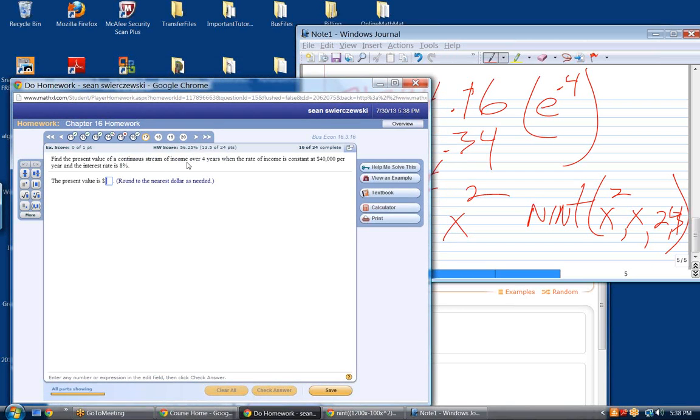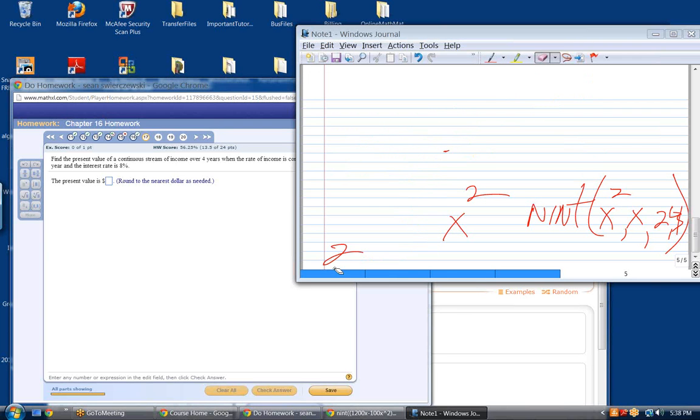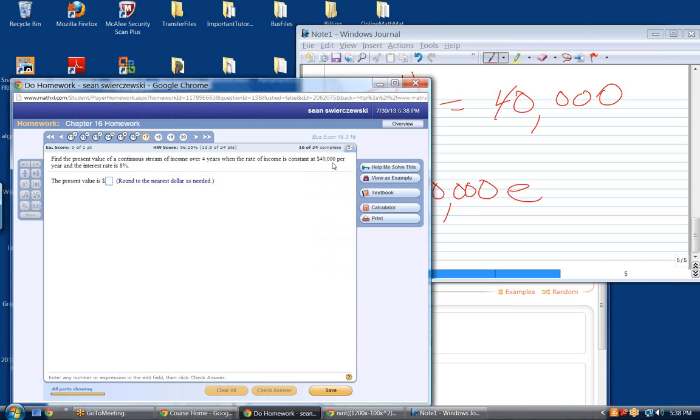Okay, let's see. The present value of a continuous stream of income over 4 years when the rate of income is a constant 40,000 per year. So the function is that. So we want the integral of the function times e to the minus RT.